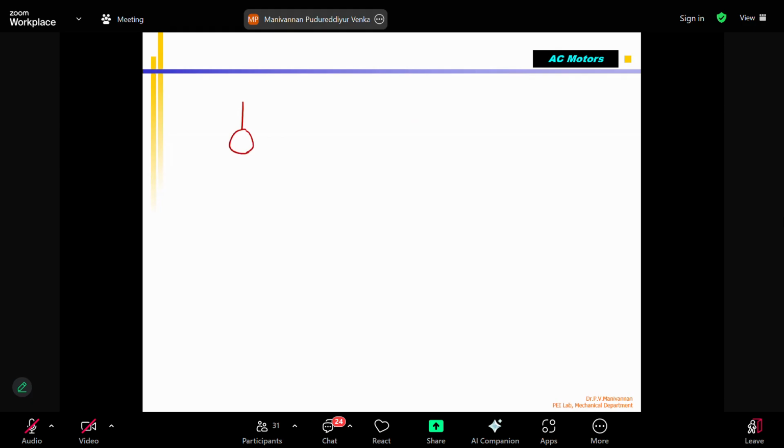Okay, the equivalent circuit of this can be found like this. So this is the input voltage V phase given to the stator. Because I1 is flowing here, this I call R1. This is jX1, the stator reactance.